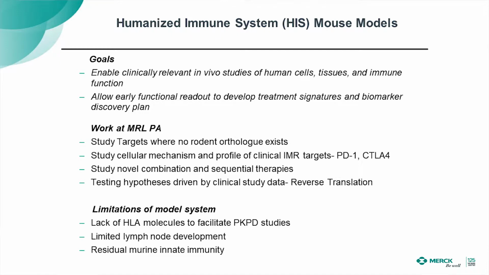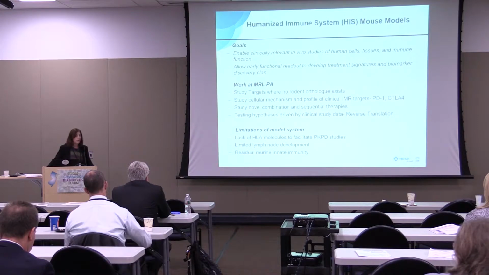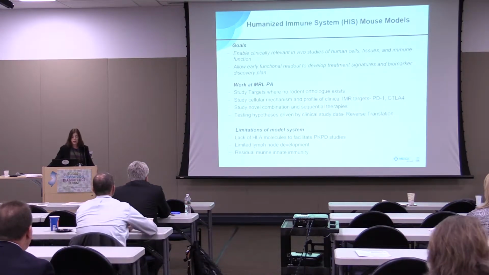We want to understand cellular mechanisms. We work with PD-1 and CTLA-4 to benchmark, and today I'll show you a couple of examples of how the humanized mouse could be compared to mirroring models, and also some work that is in the clinic.